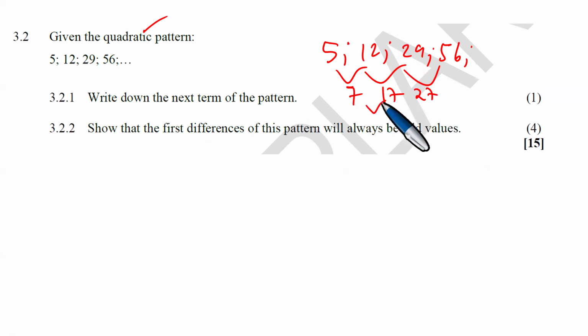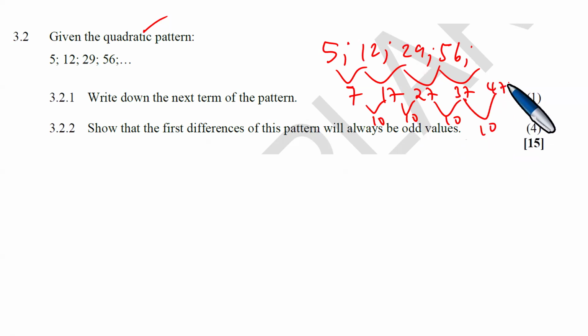Okay, this one minus that, 17 minus 7 is a 10. 27 minus 17 is a 10. You add these, you get 27. You add these, you get 37. You add these, you get 47. You add this, you get that.